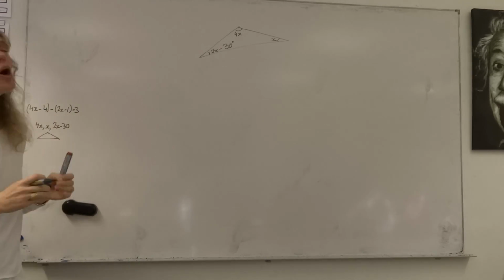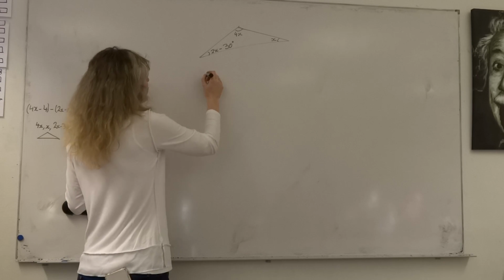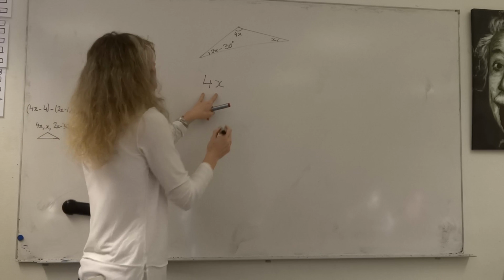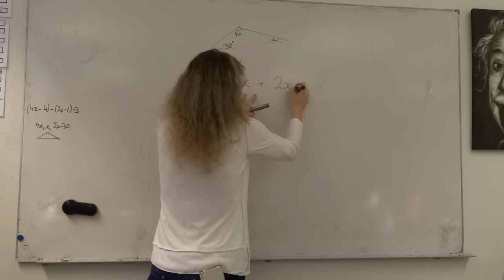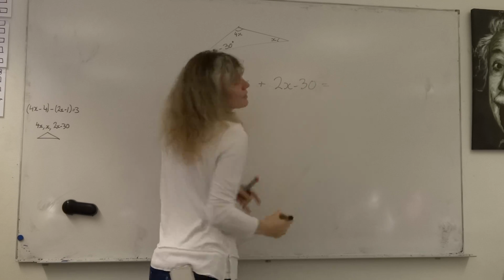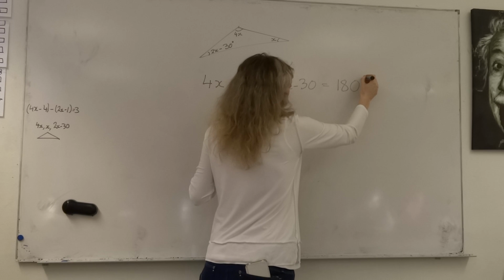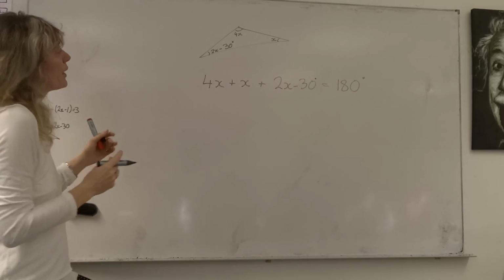And I wanted you to solve and give each of the angles in the triangle. Well, we just start by saying that we know that all of the angles in a triangle, that's 4x plus x plus 2x minus 30, all the angles of a triangle add up to be 180 degrees.